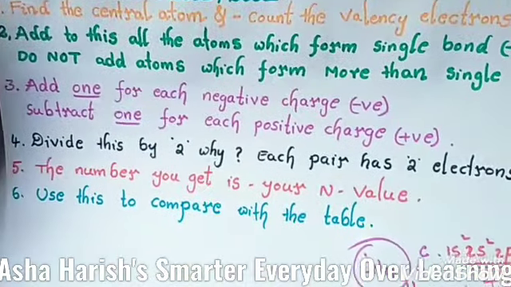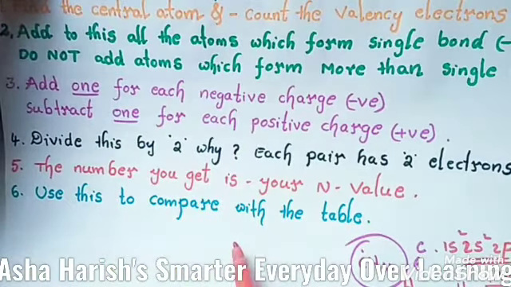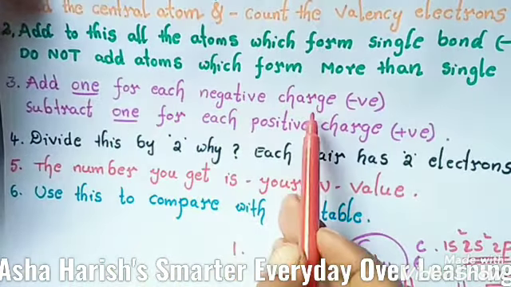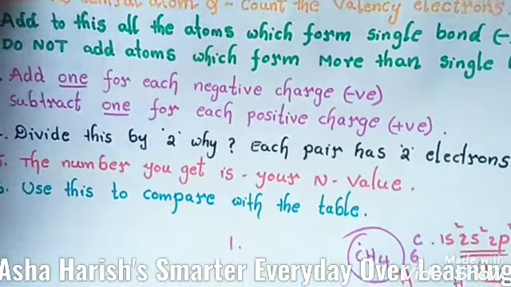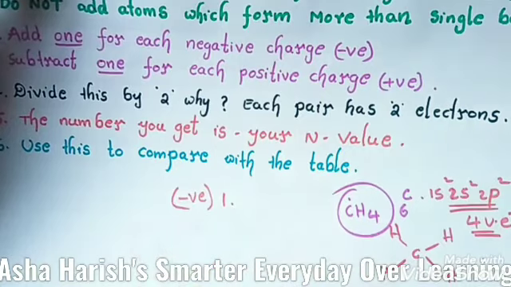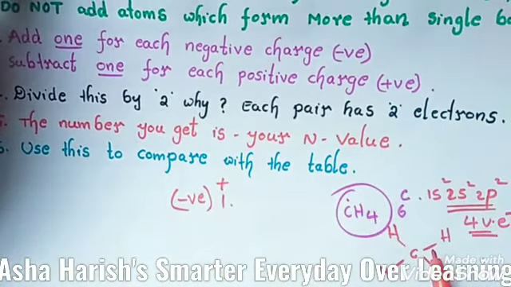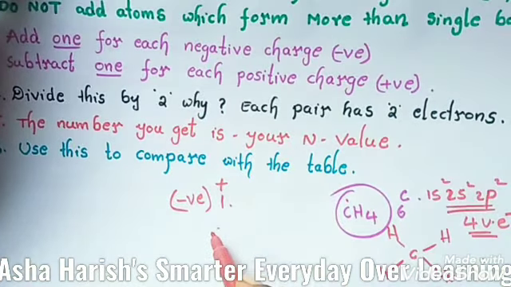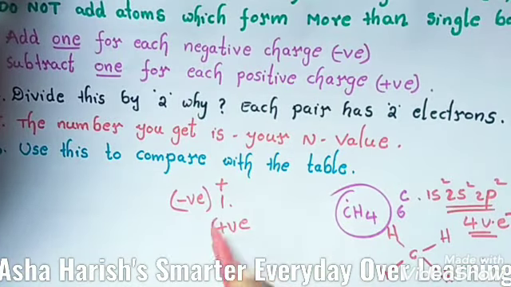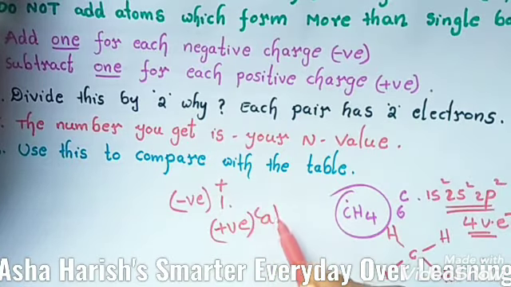And what is the third point? Here I have written: add 1, that means add only 1, for each negative charge presented. Suppose there is a negative charge, that means it is an anion. You need to add 1 to this number. And if it is a positive charge, that means it is a cation.